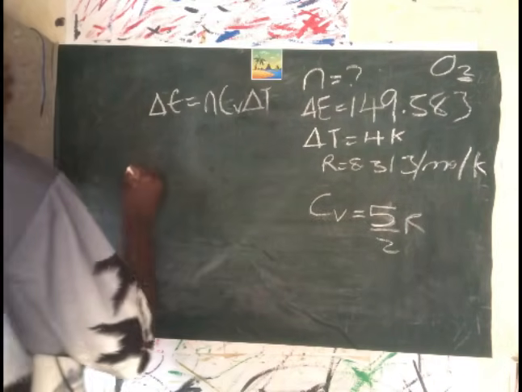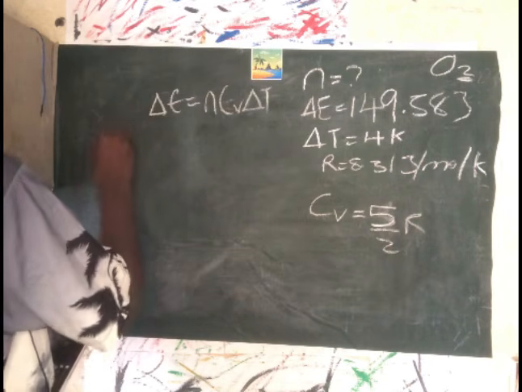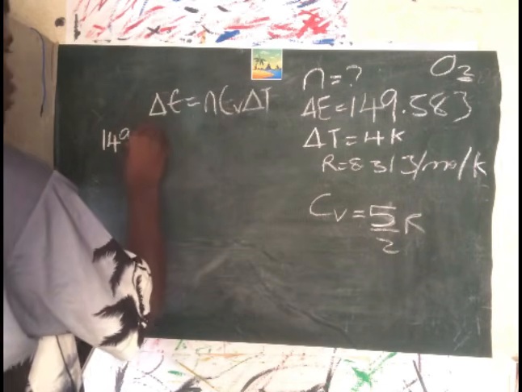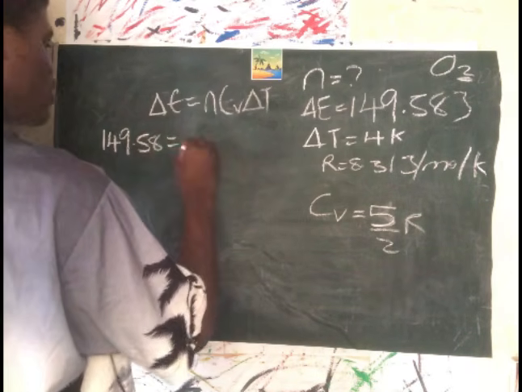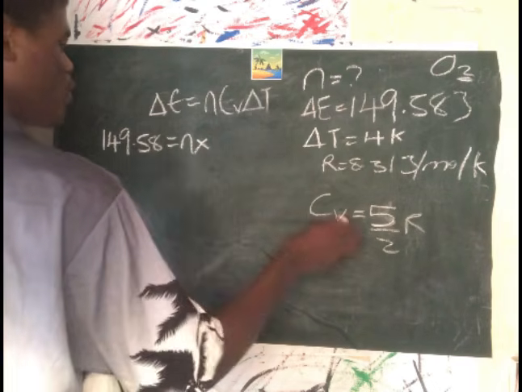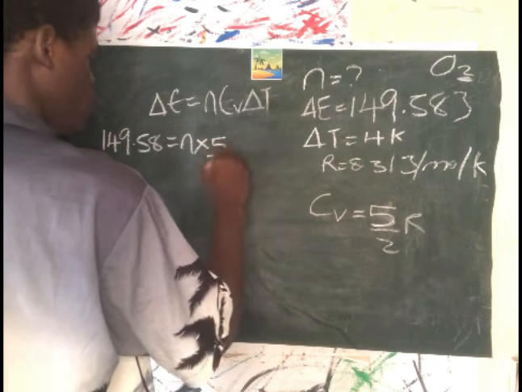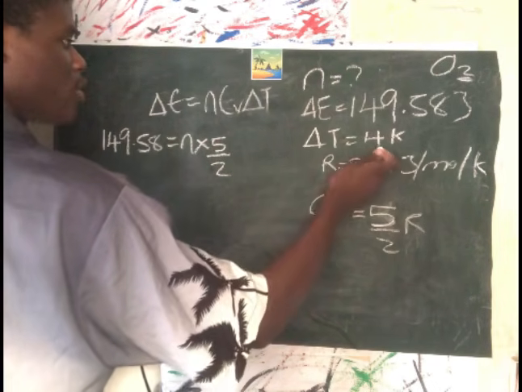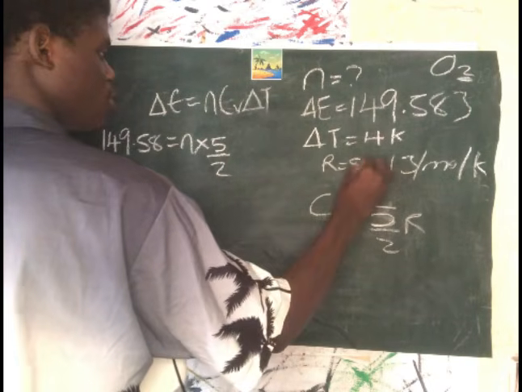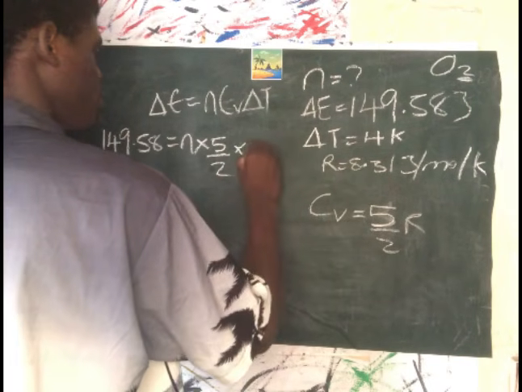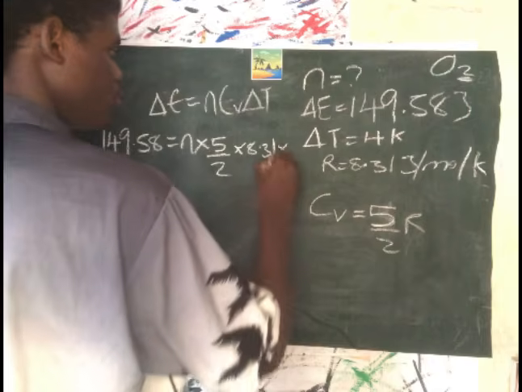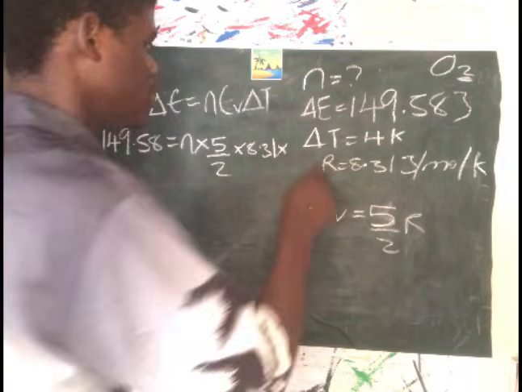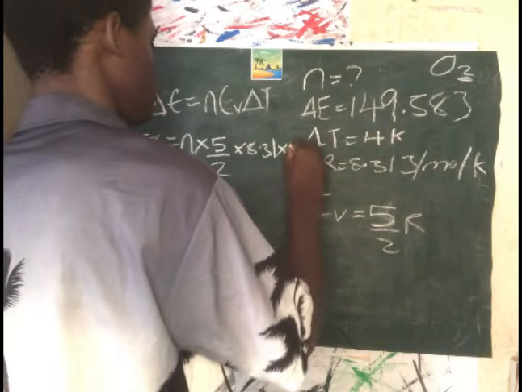So let's put that together. The internal energy change, 149.58, is equal to n, which we are looking for, times Cv, 5/2 R. What's our R? 8.31. So that's times 8.31, and our change in temperature is 4 Kelvin, so times 4.